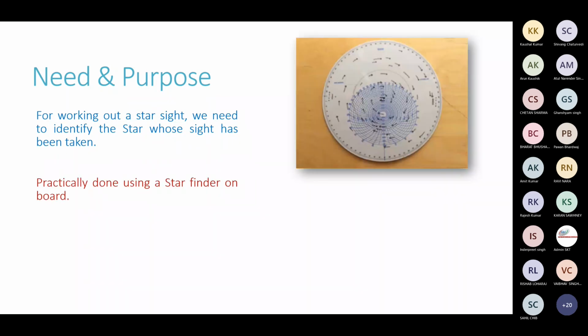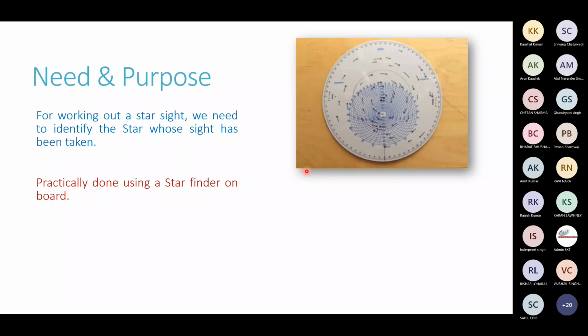Now, practically it is done on board a ship using a star finder. You can see a star finder on the screen right now. This star finder has a base template. There are two base templates basically, one for the northern hemisphere, other one for the southern hemisphere.